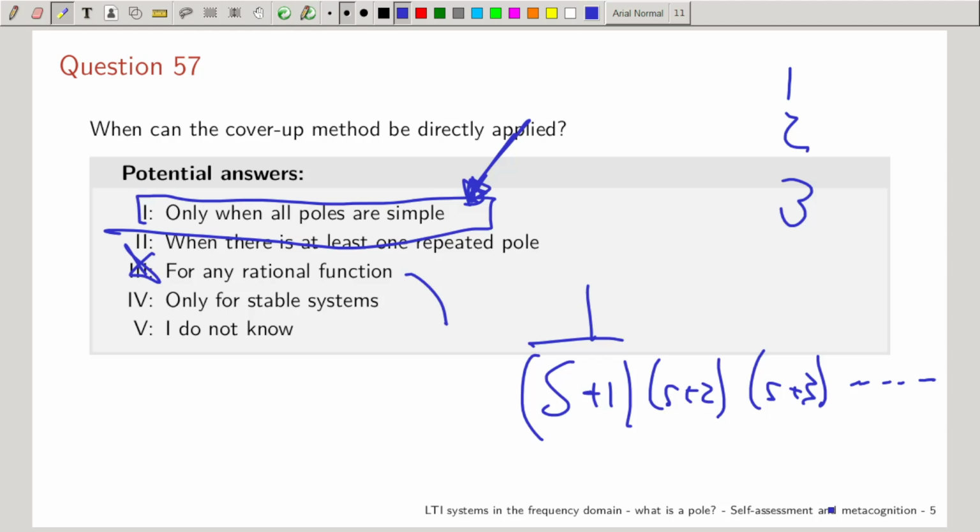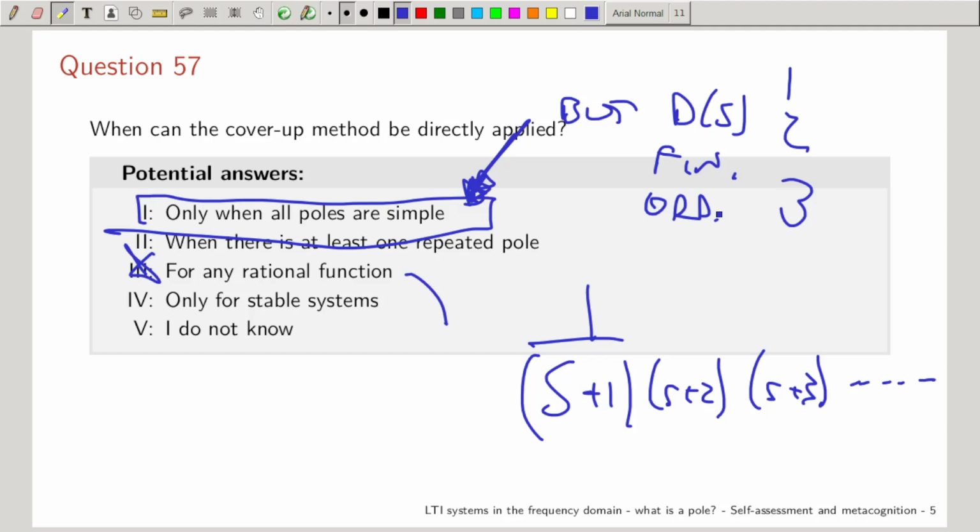True. Question. As soon as you have single poles, you can, but you need to have a finite denominator. So only when all poles are simple and the denominator of S has a finite order. Okay, so this was the correct answer.